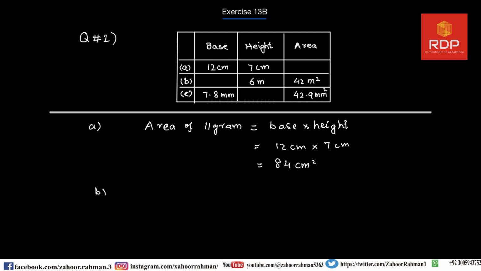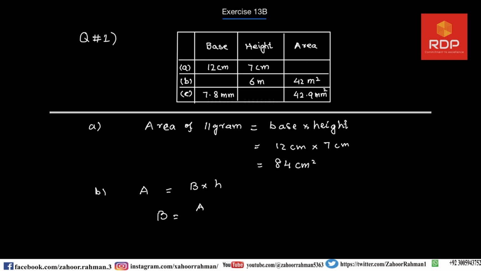The second one, height is given. As we know that area is equal to base into height, and we are going to find base, so we have to make base the subject.